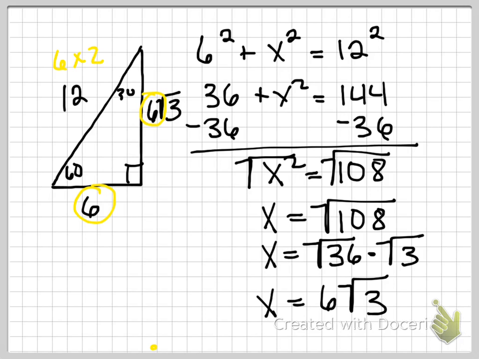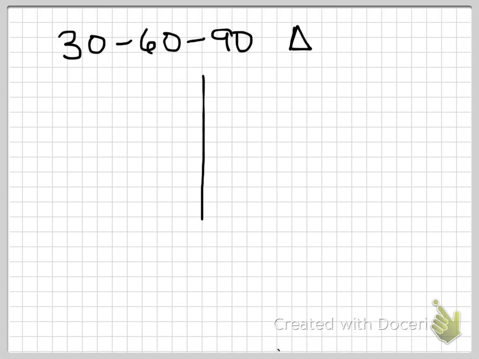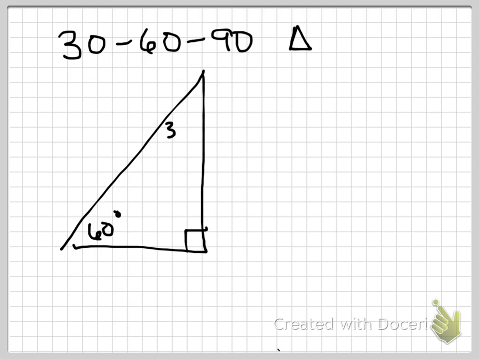Okay, so that means that for any 30, 60, 90 triangle, so here's my 60, 30, here's how it goes. This side is equal to x, the short leg.